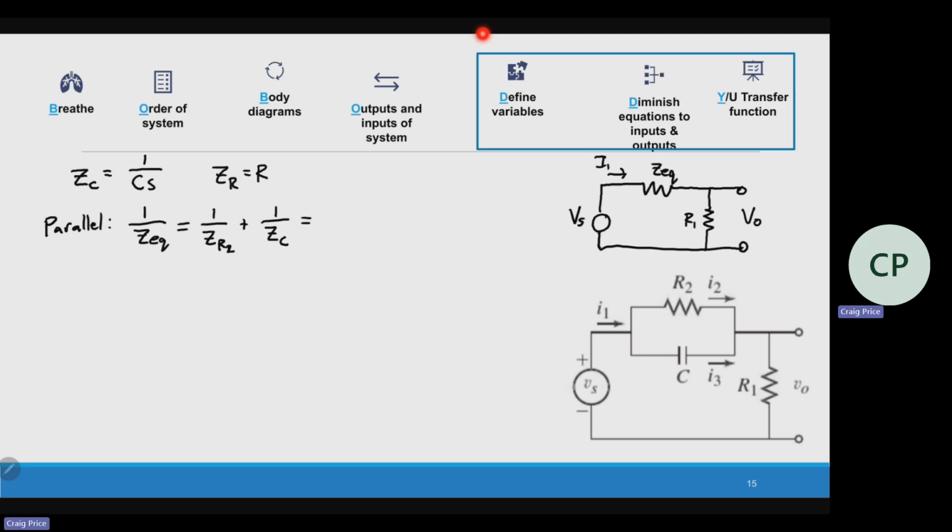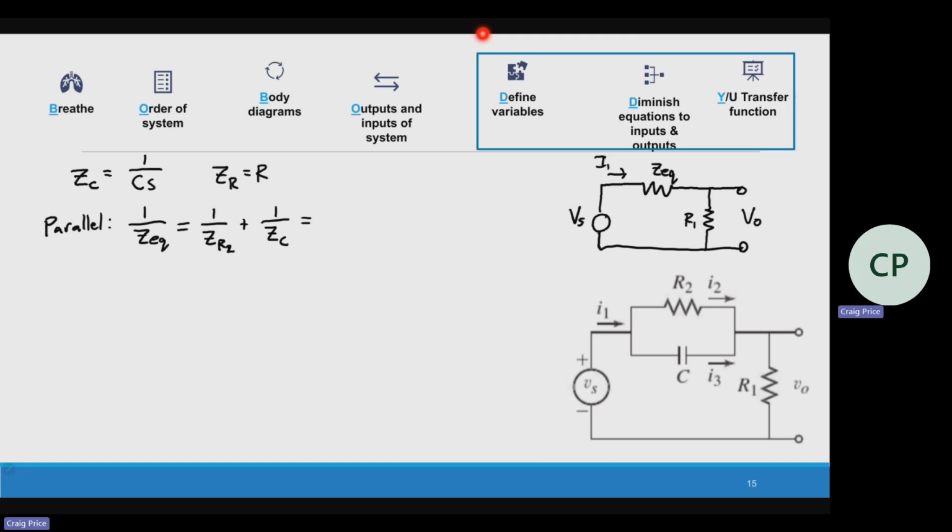A lot of people make mistakes with this. Sometimes they try to do too much in one step. I would suggest to write it out and take your time because it's easy to mess this up. Because they're in parallel, I got to make sure my left-hand side is also a reciprocal, 1 over Z equivalent. And then I put in the Z's first.